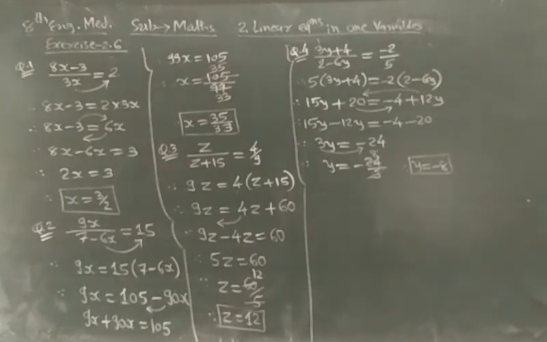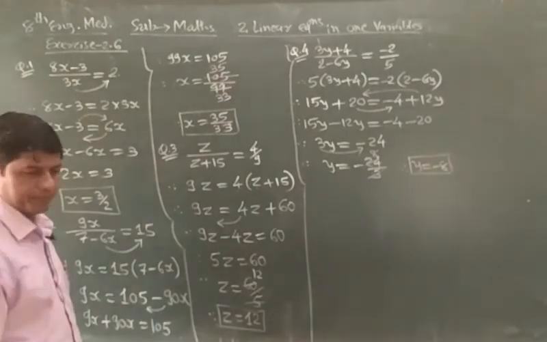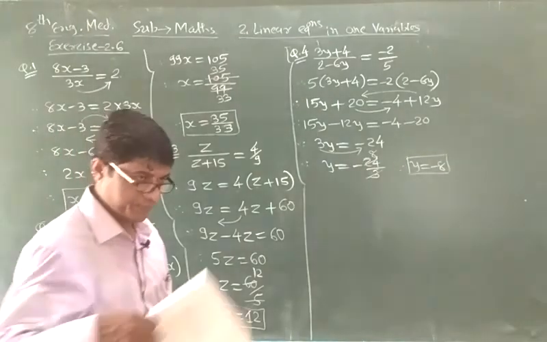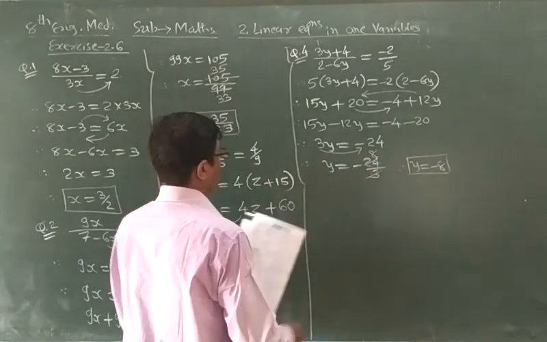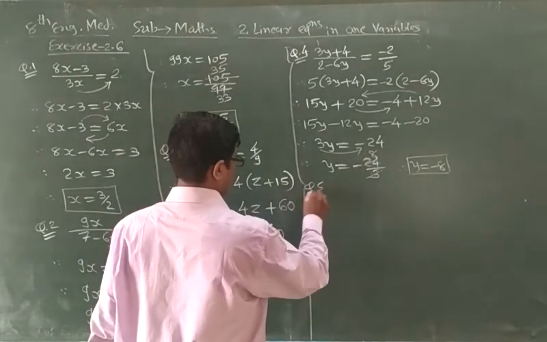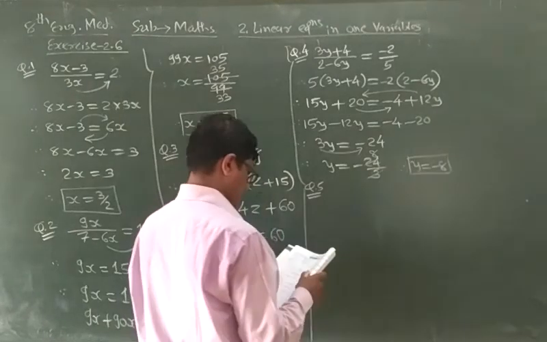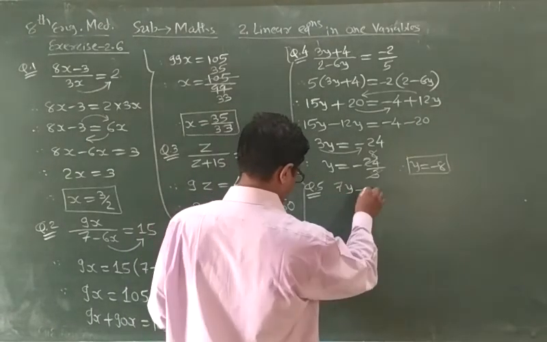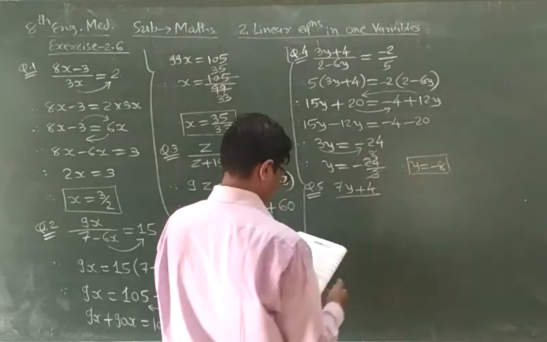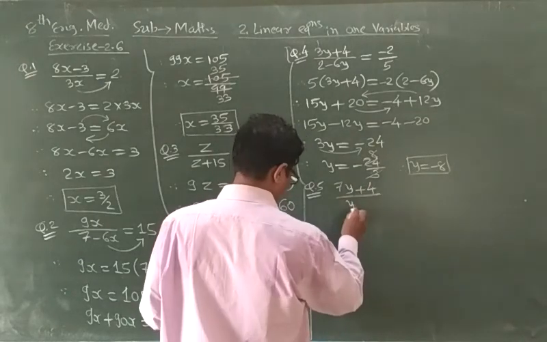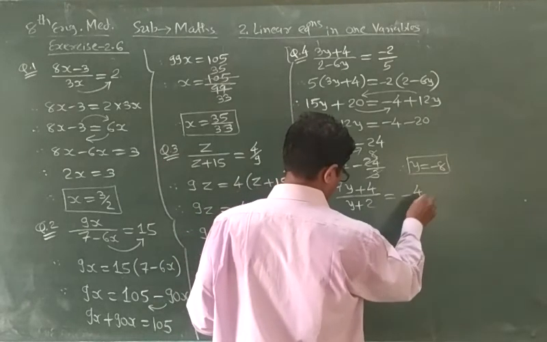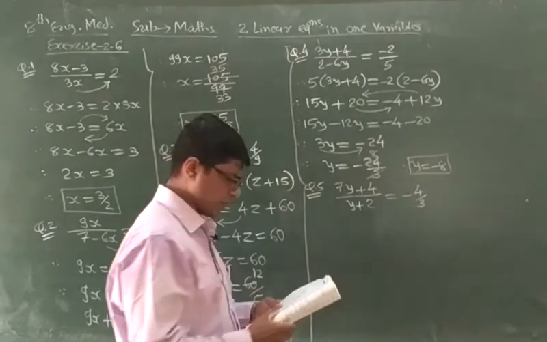Now here one sum remains, but do properly. Question 5, do this. 7y plus 4 upon y plus 2 is equal to minus 4 by 3. Okay, this is the question.